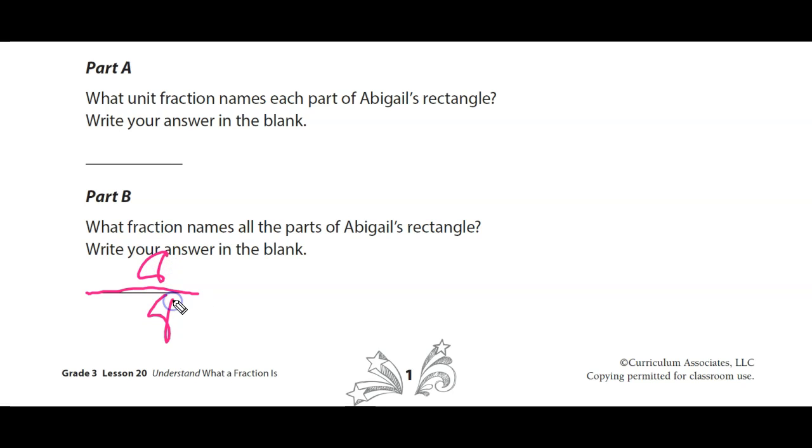And then 8 over 8. If I shaded the whole thing, it would be 8 over 8. But what's the unit fraction of just one square? That would be 1/8. That's what they're asking you. A little confusing there, but that's what they're asking you.